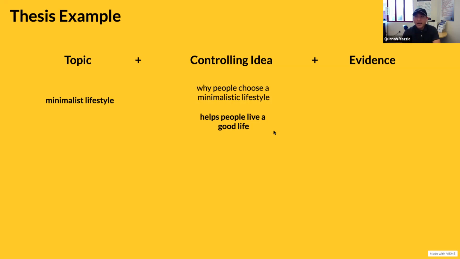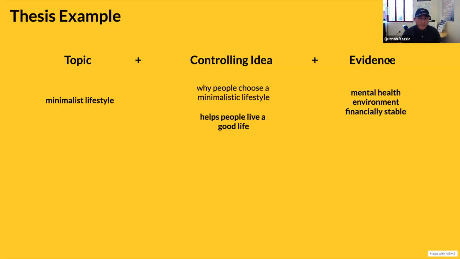Now we want to attach evidence to those two things. Maybe I found three resources that were really great to support this topic and controlling idea. I chose that it helps people live a good life in mental health, in the environment, and by helping them become financially stable. Those three things are what I want to focus on to talk about how a minimalist lifestyle helps people live a good life.